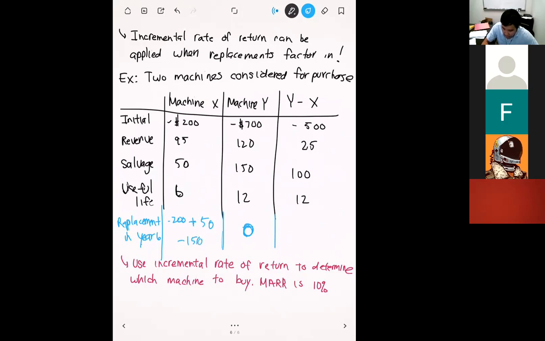And if we do the difference between this, so we do a 0 minus a negative 150, this is going to be a positive 150 in year 6. Does that make sense why we have that additional cash flow here for the increment, which accounts for the replacement cost for machine X? So any questions on that?